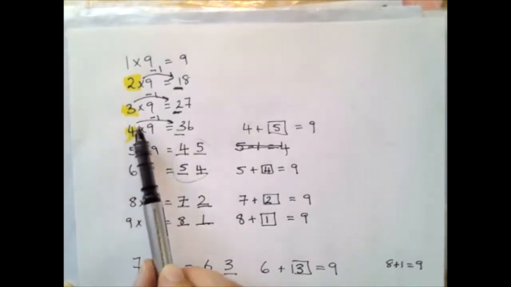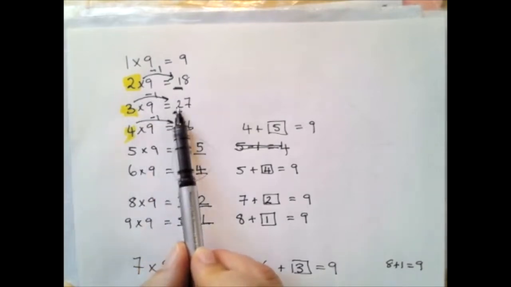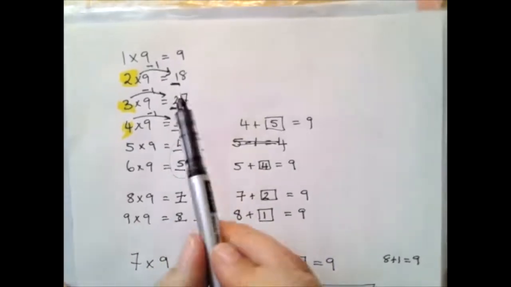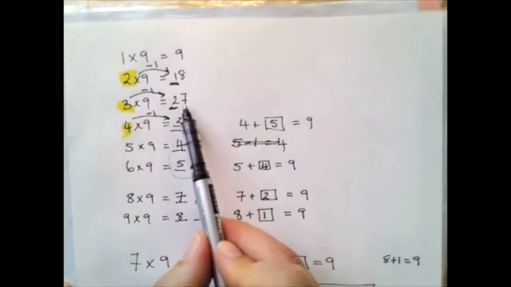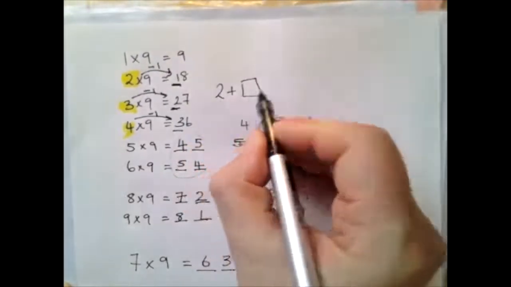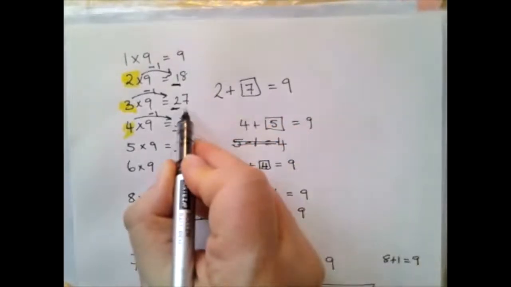That's what I've shown here. 4 subtract 1 is 3. 3 subtract 1 is 2. And that's a 10s digit. And then what we've got is a number at the end here in the 1s place value that then makes 20 something. 2 plus something equals 9. And that number is that 7.